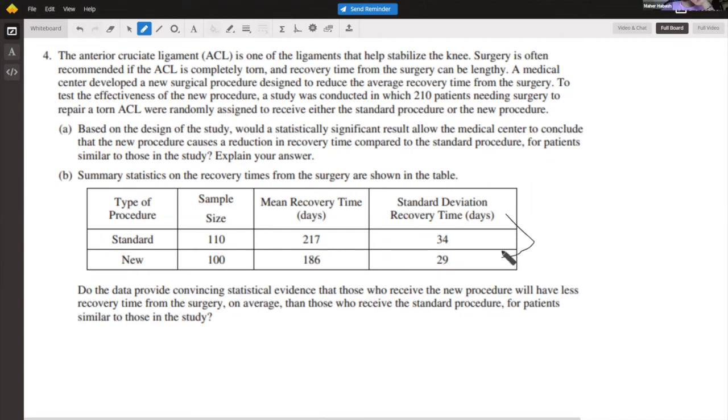It would be a Z-test if you knew the population standard deviations. In this case you don't. When we're reading it, it seems like they don't know. Not only that, you have to know the population means. But these seem like sample standard deviations, not the standard deviations of the population.